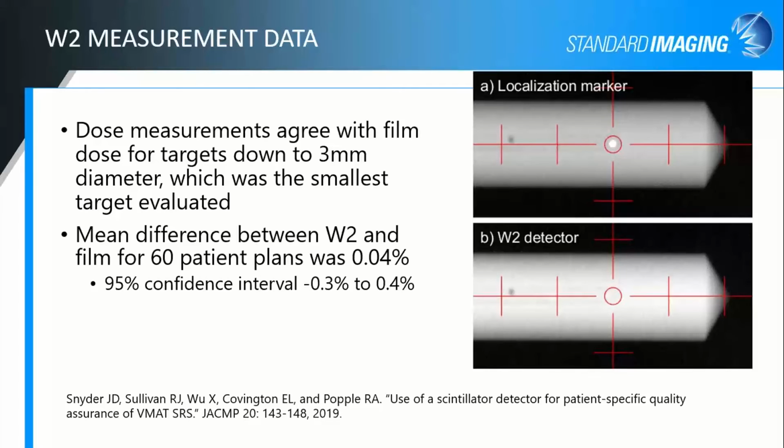They looked at targets all the way down to 3mm diameter and got excellent agreement between their film measurements and their scintillator measurements. This image on the right, this is the chamber plug that they were using.